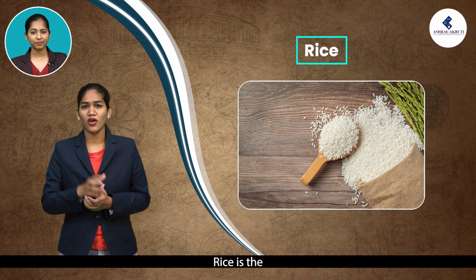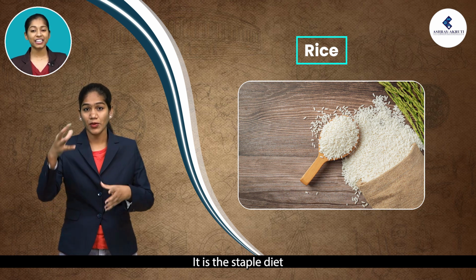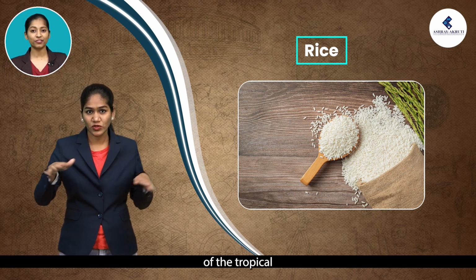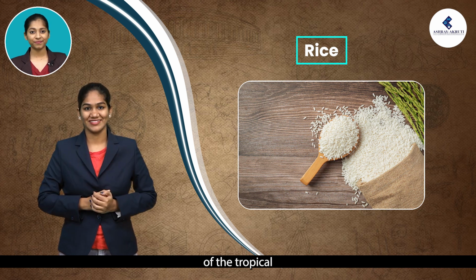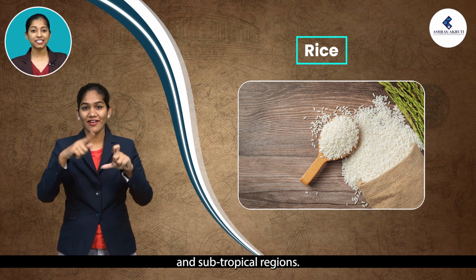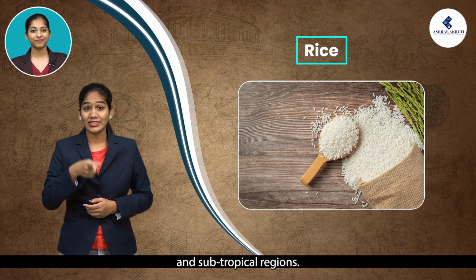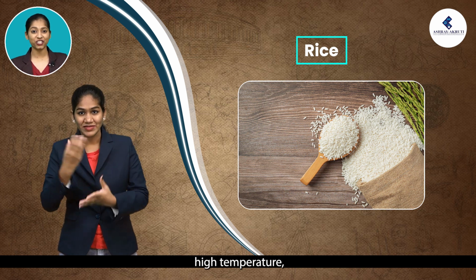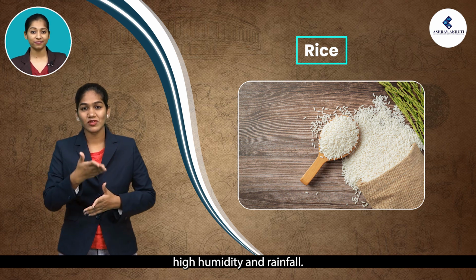Rice. Rice is the major food crop of the world. It is the staple diet of the tropical and subtropical regions. Rice needs high temperature, high humidity and rainfall.